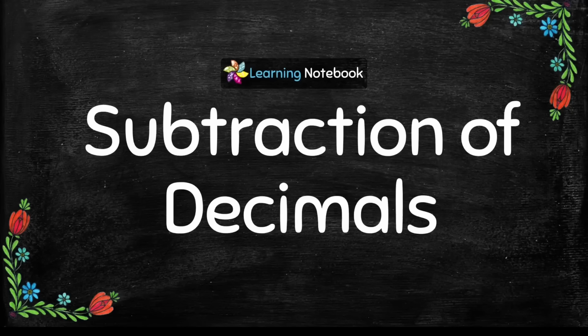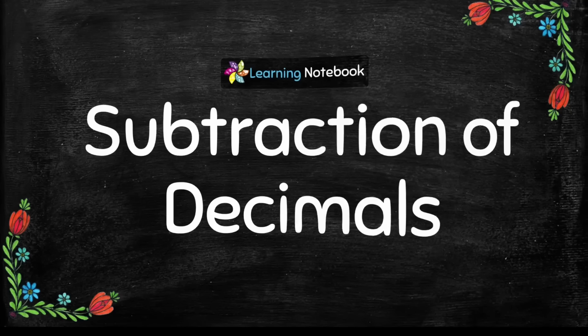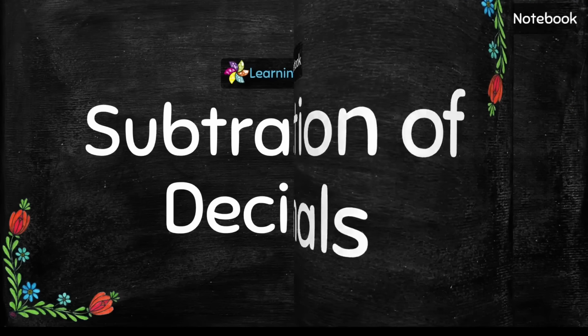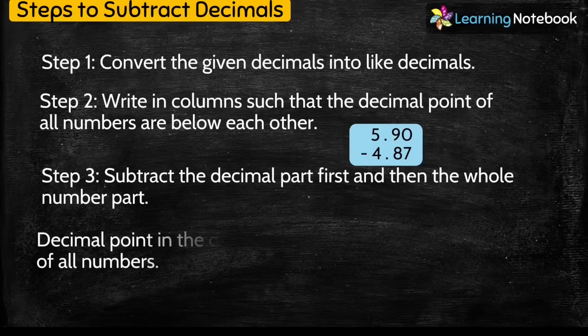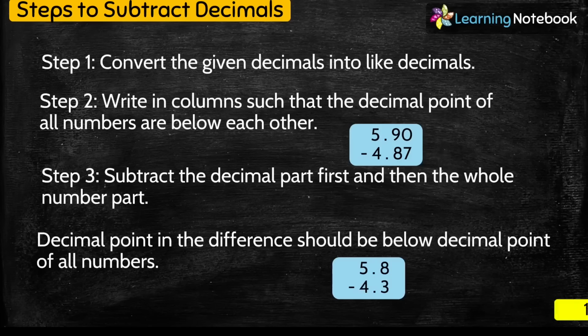Now students, let's learn how to subtract decimals. Students, steps to subtract decimals are same as we followed in adding decimals. That is, we will write the decimal numbers in such a way that decimal points are below each other, and then we will subtract.